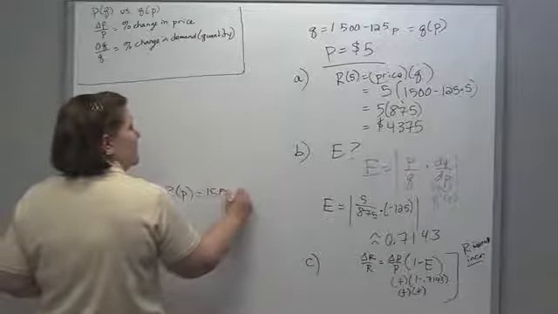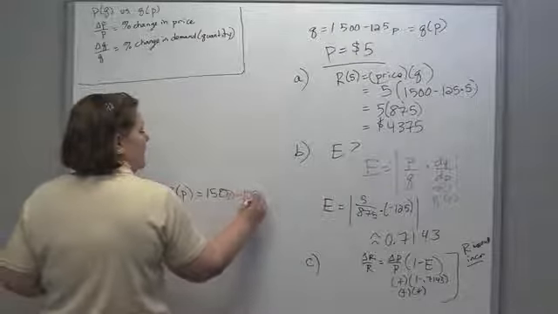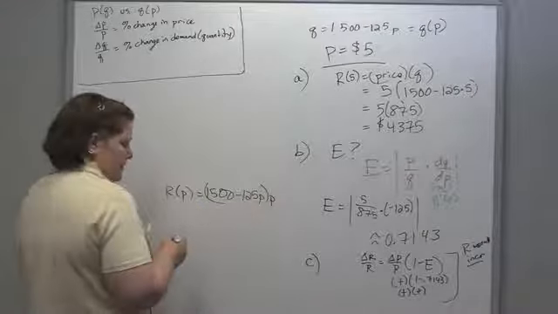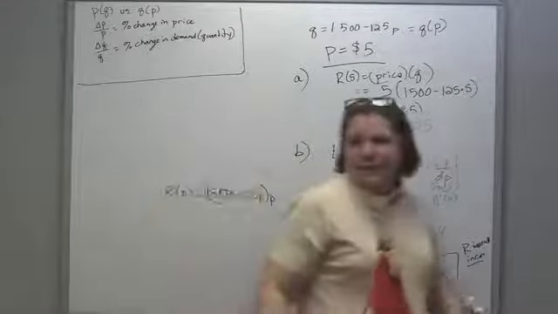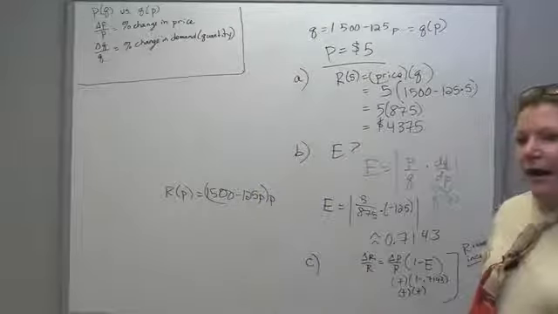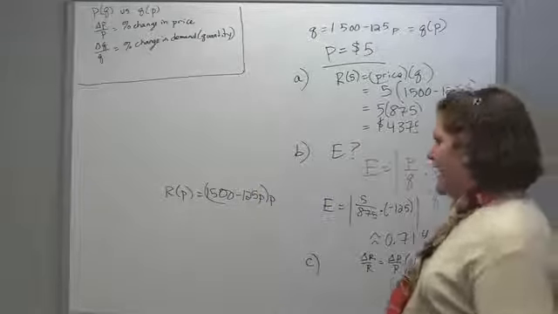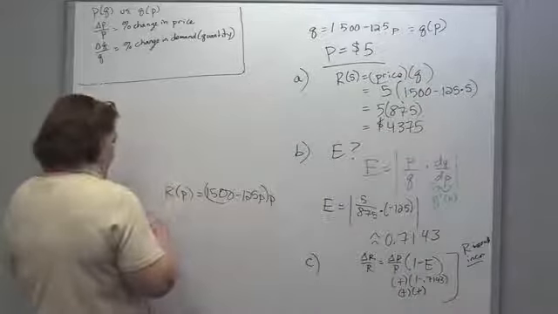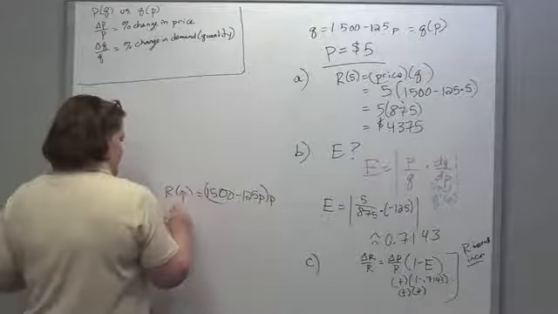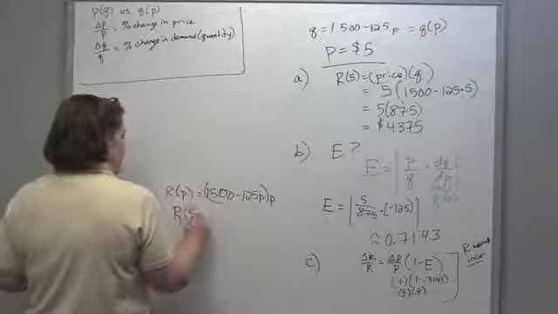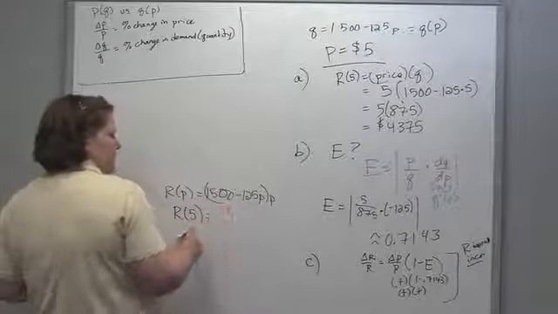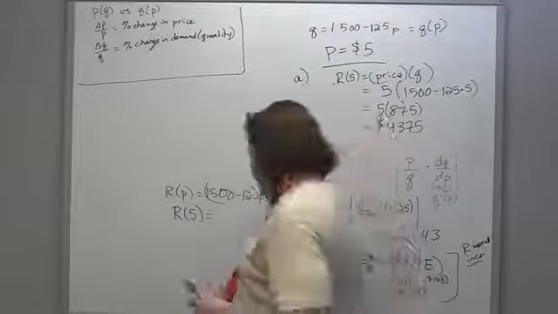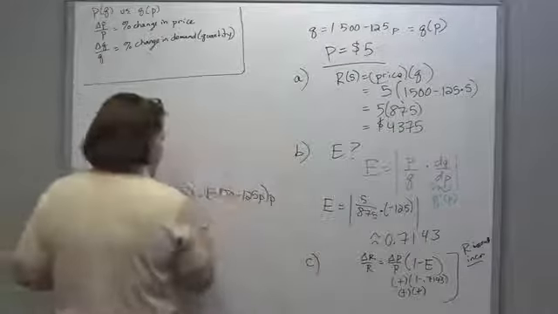The other way of doing it is to figure out revenue based on price, which would be 1,500 minus 125p, times p. When we figure this out at $5, whoops, we need to find the derivative first.